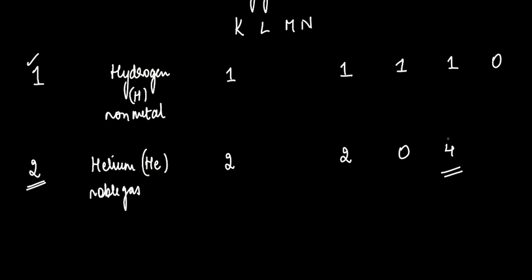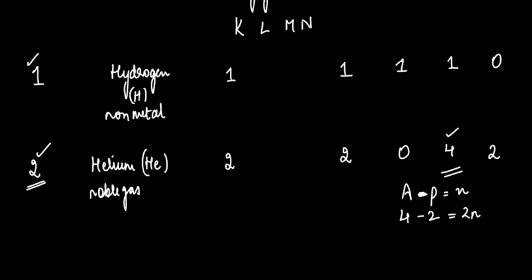If we subtract the 4 mass number minus the proton number, we will get how many neutrons? 2. So I'm just writing over here: mass minus proton is equal to number of neutrons. So 4 minus 2, where atomic number is the proton number. So we will get 2 neutrons.